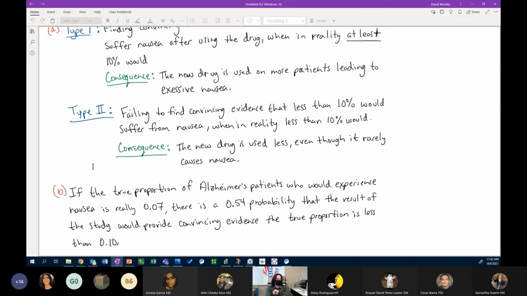So in this case, we're told that the true proportion is 0.07, right? And that the power at this value is 0.54, meaning if this is the true proportion, there's a 54% chance that we will find evidence supporting that the true proportion is less than 0.1.